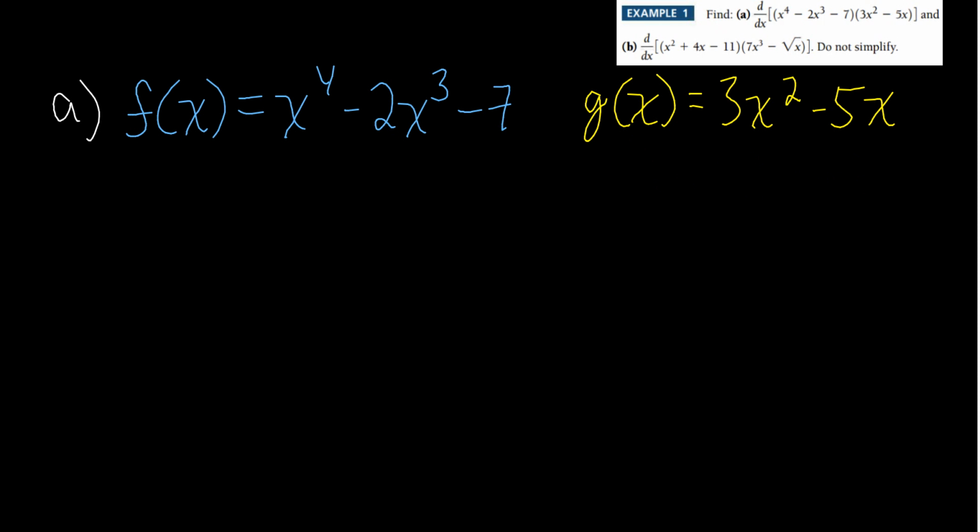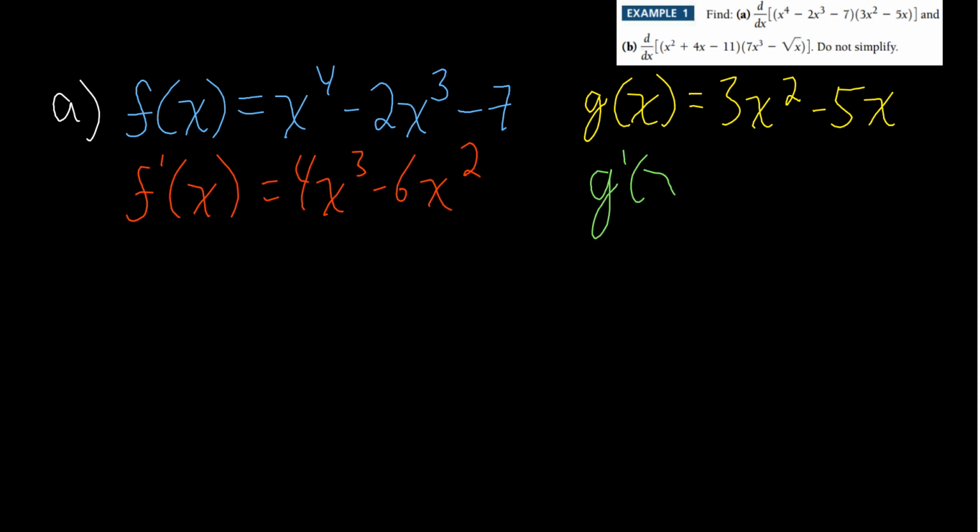We'll say f prime of x, just basically writing what I just had, and g prime of x, 6x minus 5. There we go. Again, all I did was simply rewrite what I just had.